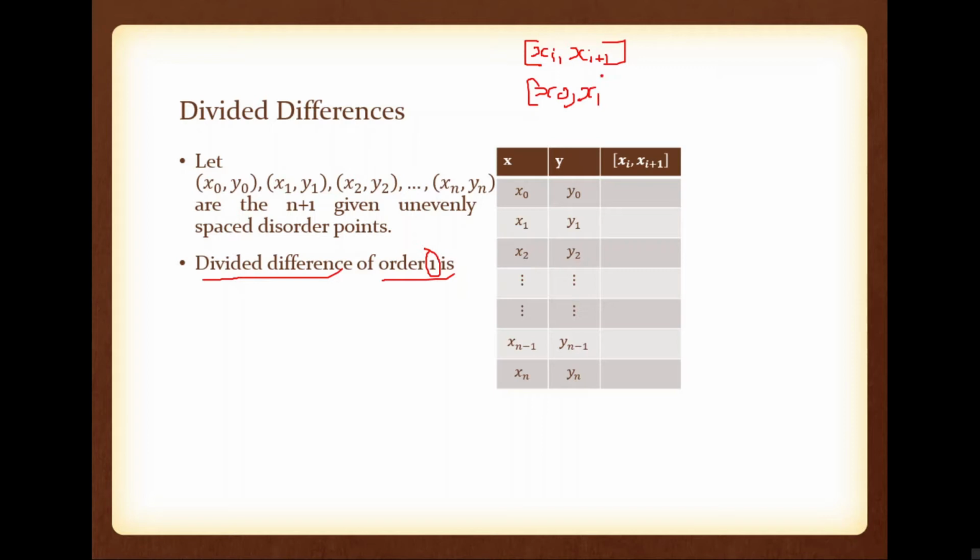This is the first order divided difference at x0. This is corresponding to x0. At x0, what is the first order divided difference, or the divided difference of order 1? That is nothing but x0 comma x1. Is it clear? So please note, inside the square bracket, x0 comma x1 corresponds to x0.